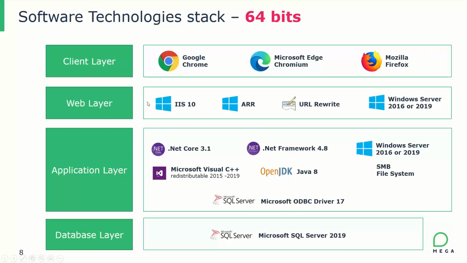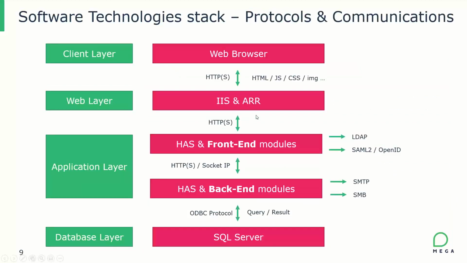So that's the technical stack. Each component will exchange with the others with a given protocol and a given port. If we get a high-level view of those protocols and ports, we get this particular schema. The web browser uses the HTTPS protocol. We recommend that all your deployments are done in HTTPS for the simple reason that some features will not work in HTTP. So if you have customers still in HTTP, they will have to use HTTPS when they move to V5.